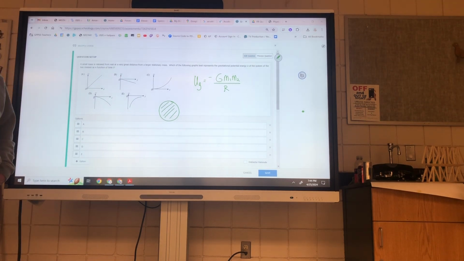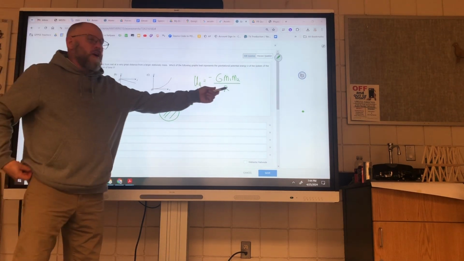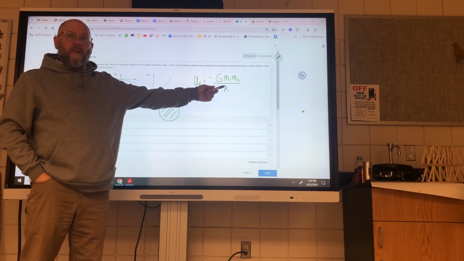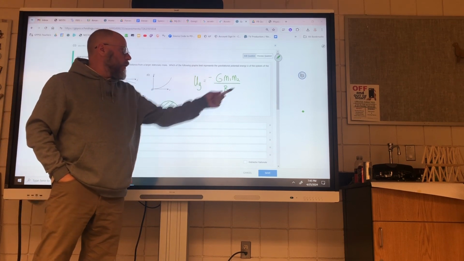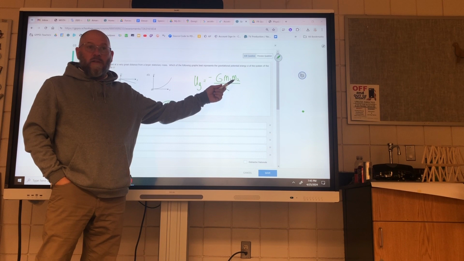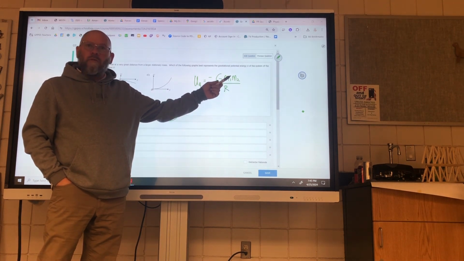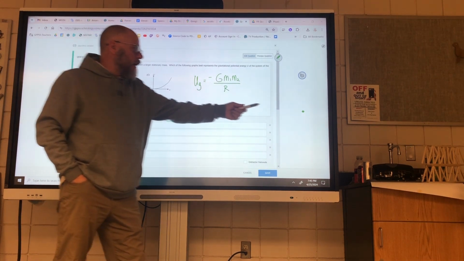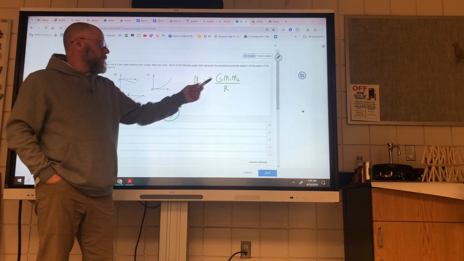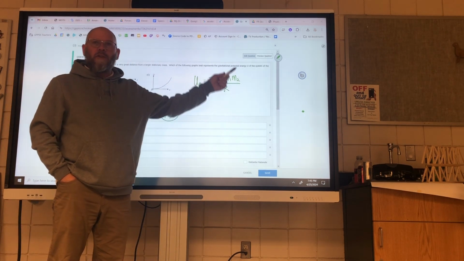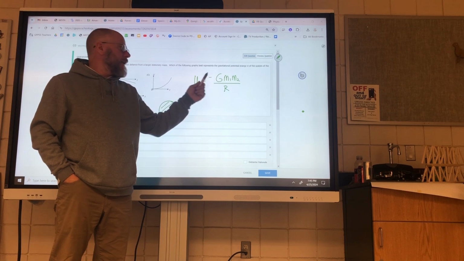If the distance is great, what does that tell you about your R value? It's great. So what does that tell you about the whole side here? It's basically zero. And as your R gets smaller, the whole side gets bigger but negative.